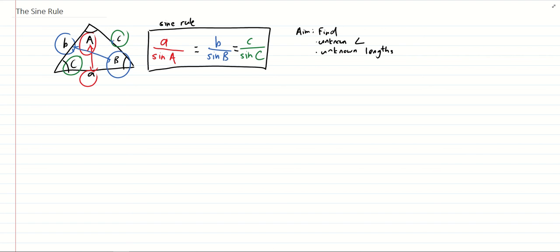Before we continue to the next section, I think it will be good if we can actually take a look at the proof itself. And the proof is actually quite simple. So let's draw the same exact triangle, and let's call the lengths A, B, and C. Same thing, the angle opposite it will correspond, A, B, and C. In the previous video, we talked about finding the area of this whole triangle.